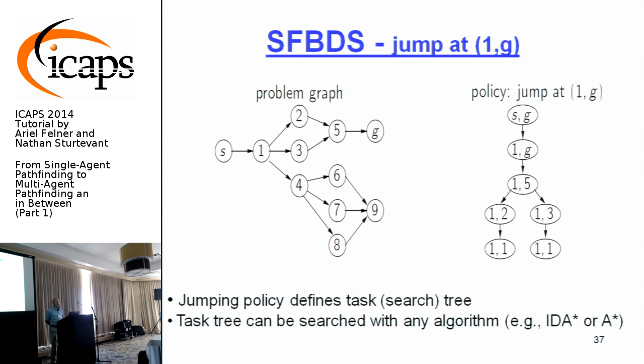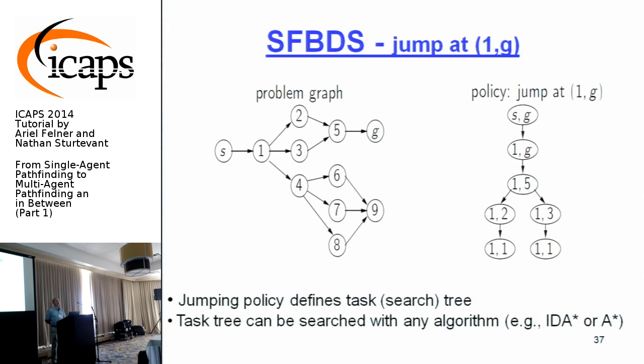So node 1G, I'm expanding it from the other side. And the reason that I want to do it is because 1 has 3 children, or 3 neighbors, while G only has 1 child. So why do I want to branch 3 ways if I can only branch 1 way?